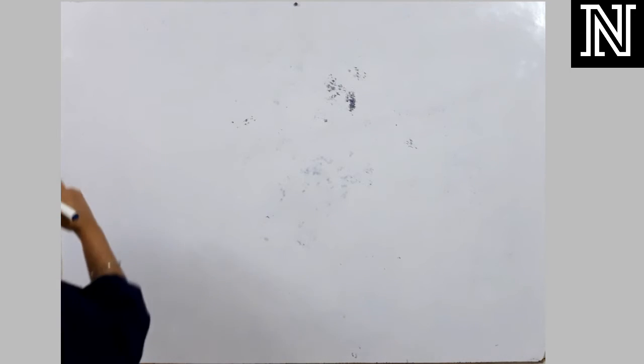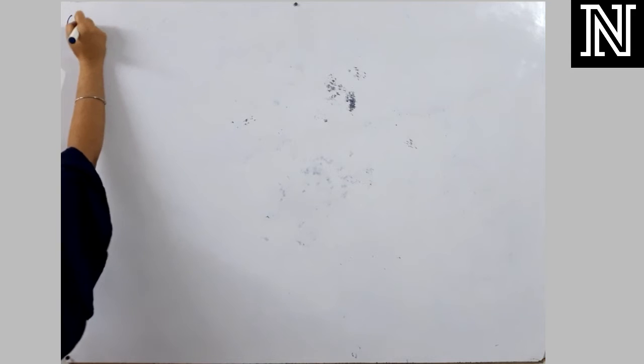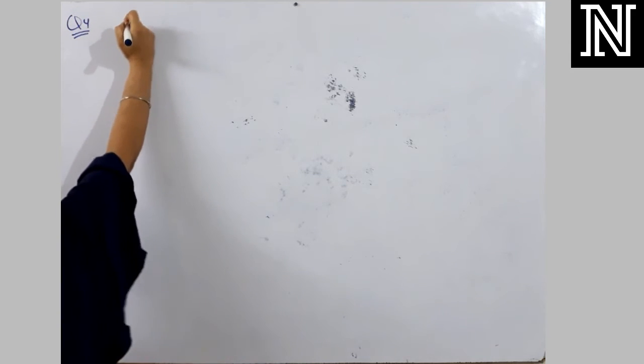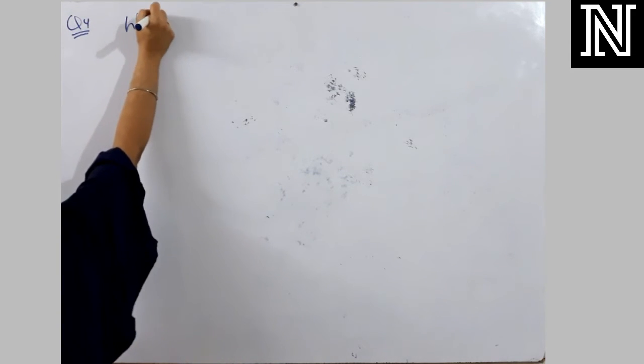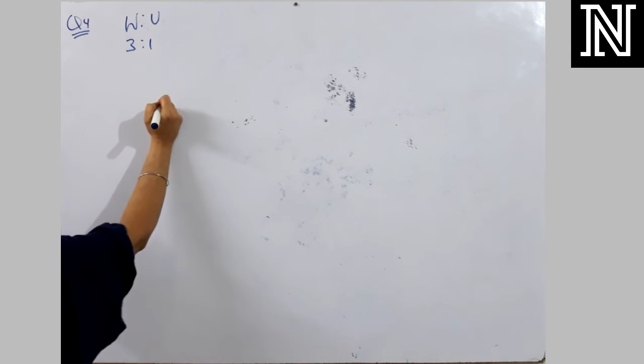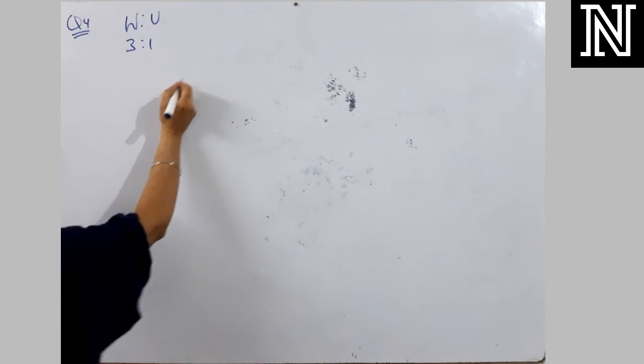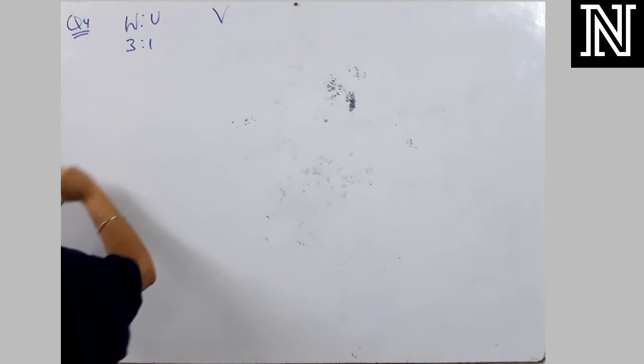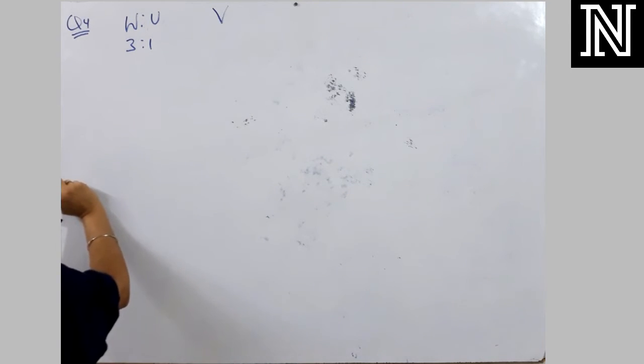Now today we are going to start the next variety, question number 4. In this question, see what they have mentioned here. In this condition they are saying W and U are old partners in the ratio 3:1. They admitted V as a new partner, V's share is not given.